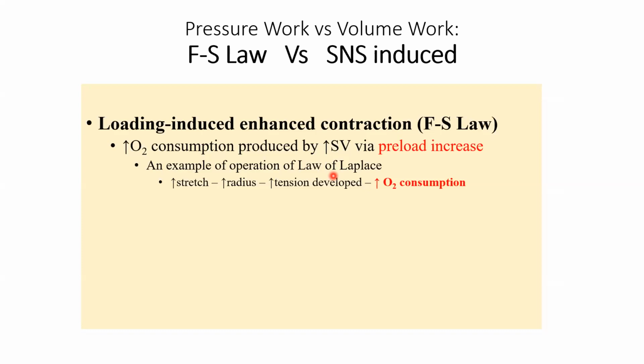It says that if you stretch a vessel, the radius increases, the tension developed in the wall increases, and so does the oxygen consumption. So when the preload increases, i.e., the venous return increases, it stretches the myocardium and the ventricle. The radius increases, the tension developed increases, and oxygen consumption also increases.